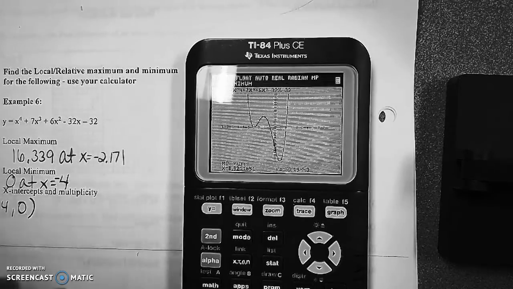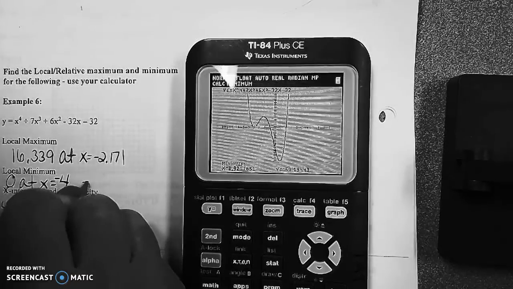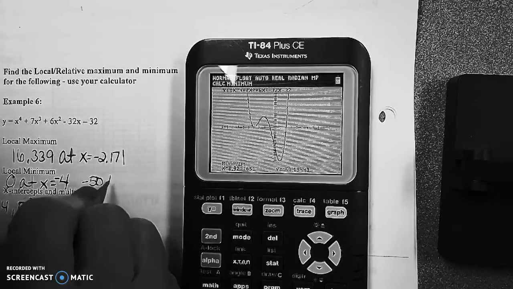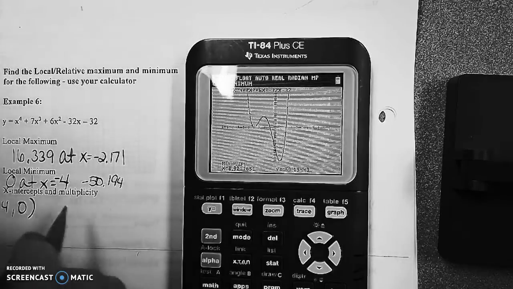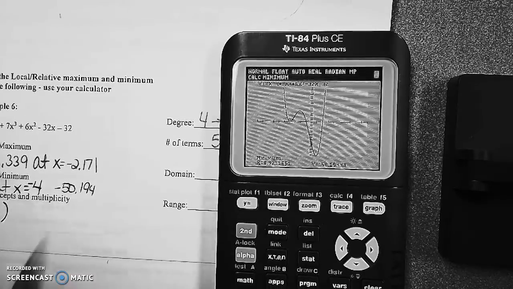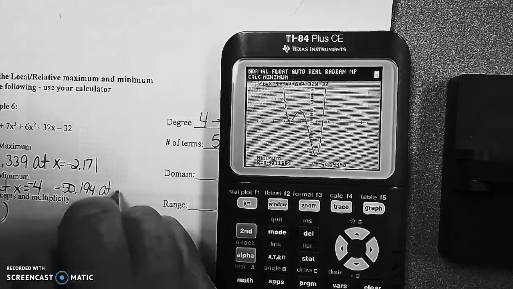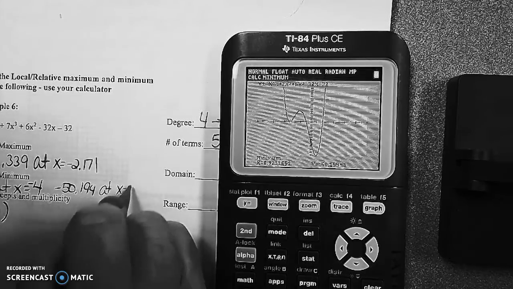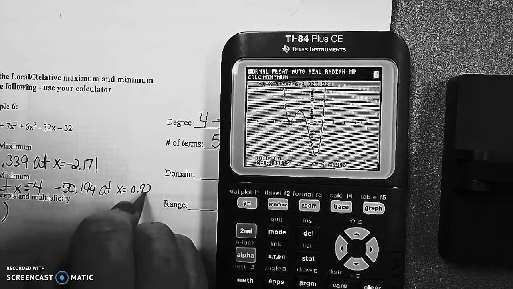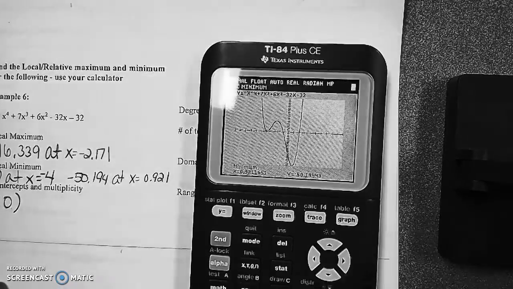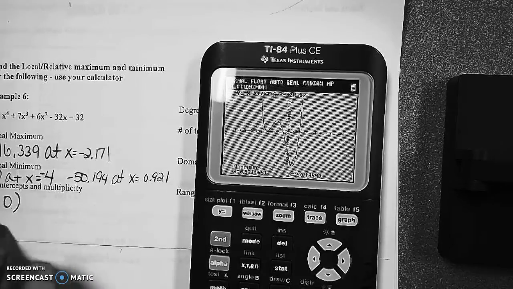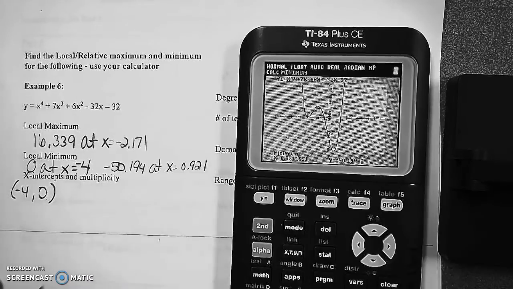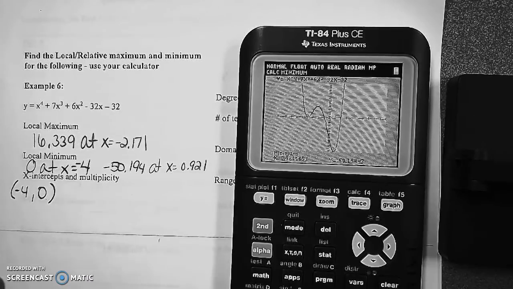And so I see I have another minimum at negative 50.194. And that occurs at x equals 0.921.